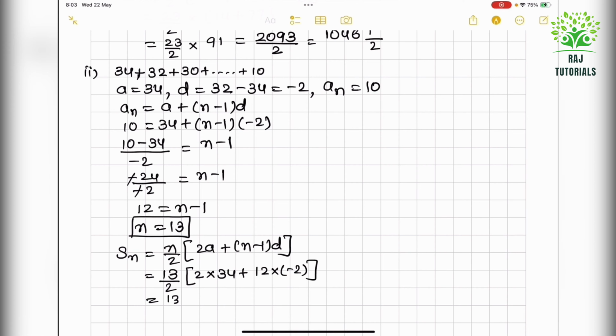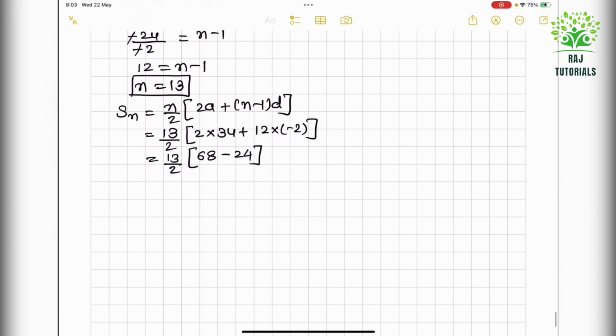So 13 by 2 into 68 minus 24. So that will be 13 by 2 into 44, 286.